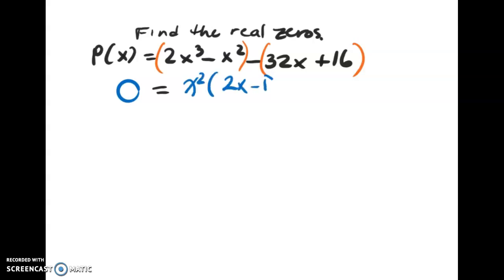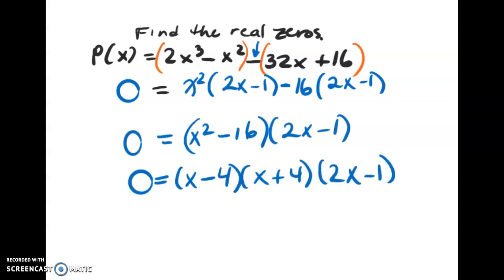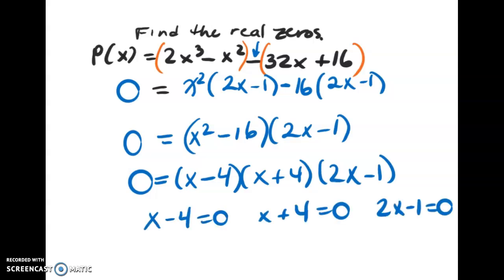I'll get 2x minus 1. Here I have to factor out, they have a negative sign there, so I have to factor out a negative 16, and I'm going to end up with 2x minus 1. So the factored form would look like this. Now set each of those equal to 0 and solve, and I'll get my 3 roots for this polynomial function.